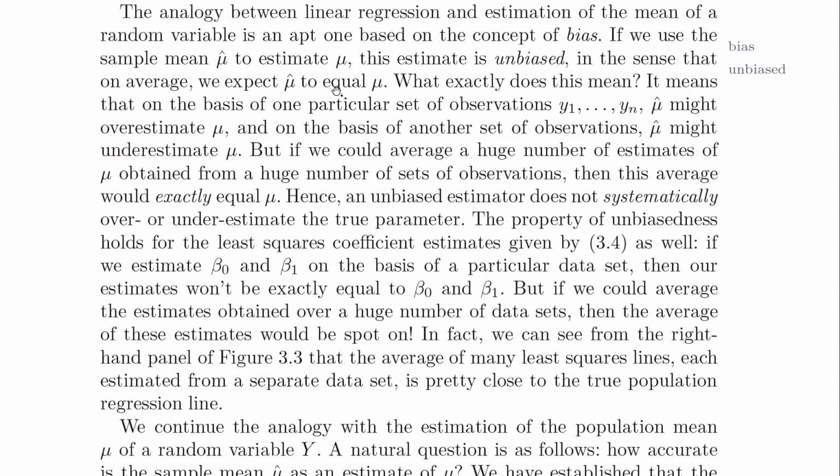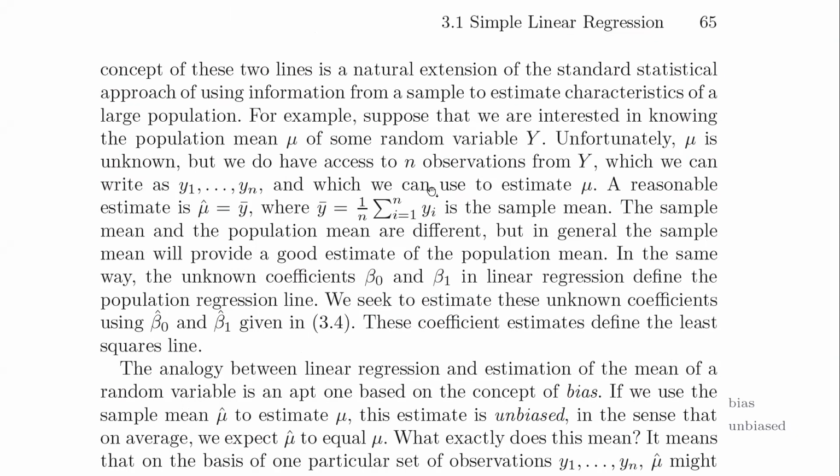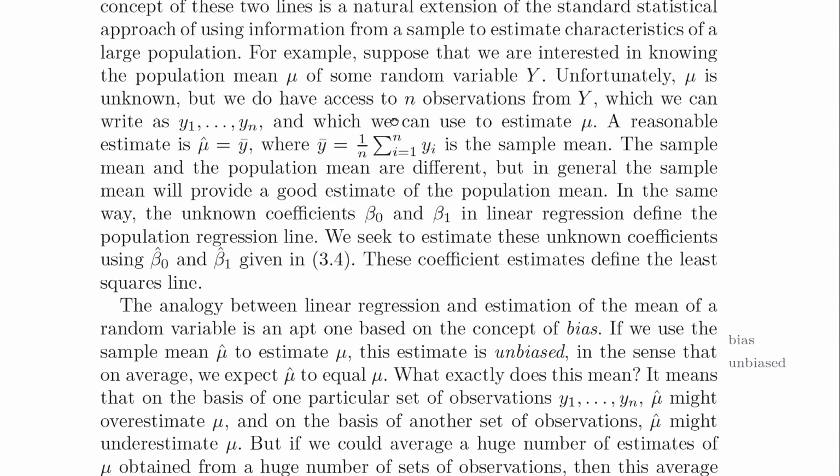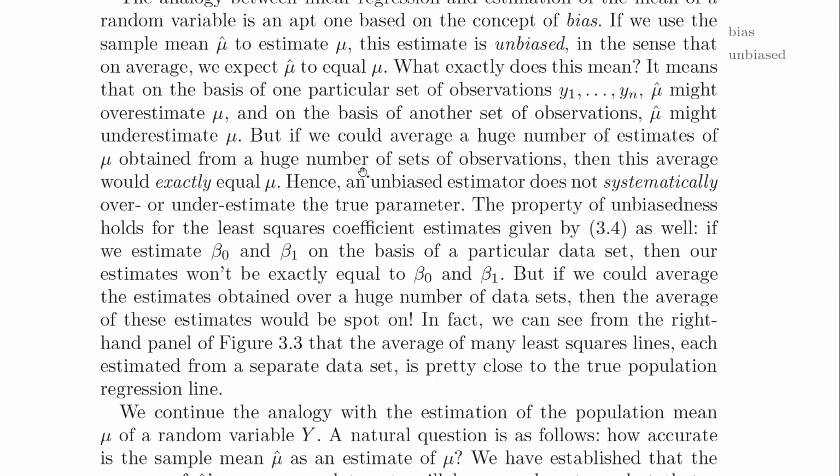Well, the way this is set up, you can mathematically prove that if we're calculating our mu hats using the mean, not the median, not the mode, not the geometric mean, there are many ways of averaging, but if you use the mean, that creates what we're going to refer to as an unbiased estimator. The average of the means would exactly equal the true population mean.